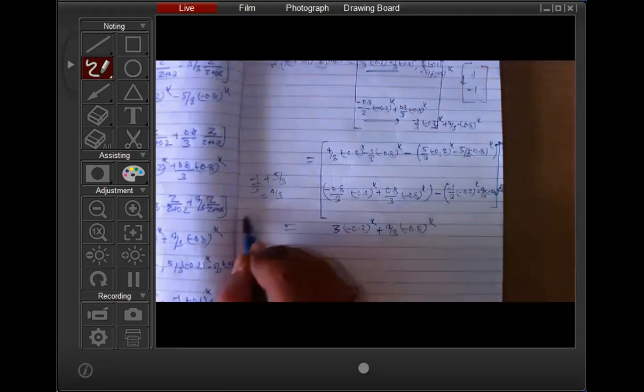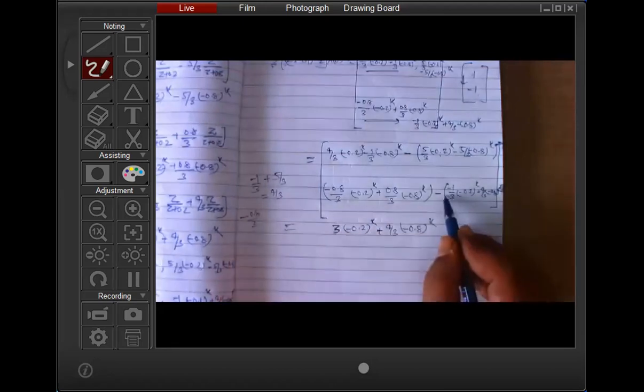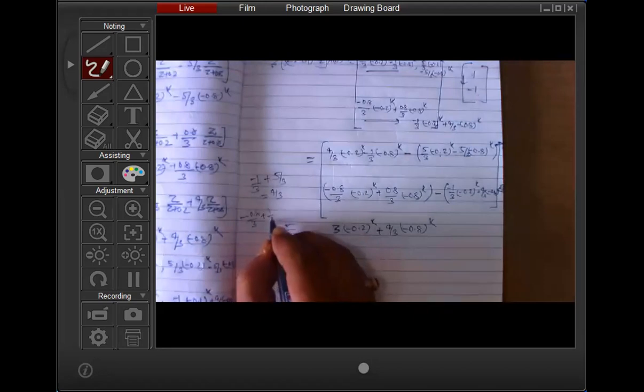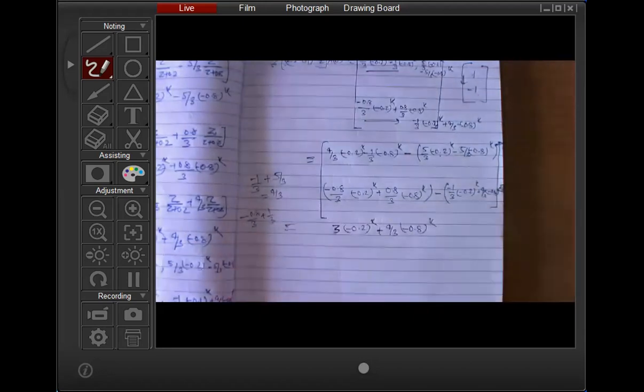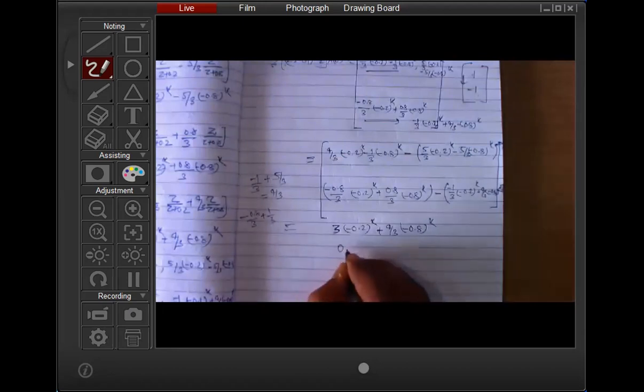Now minus 0.8 by 3 plus 1 by 3, so finally minus 0.8 plus 1 gives 0.2 by 3 times minus 0.2 to the power k.